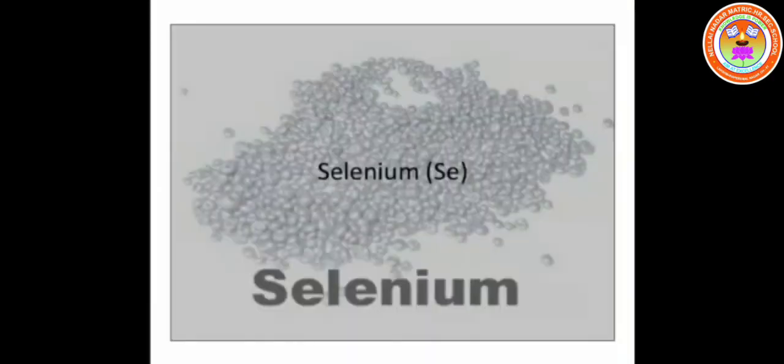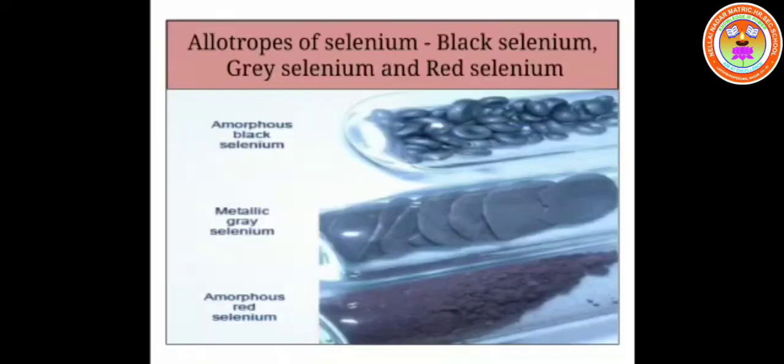Next element is selenium. What is the symbol for selenium, children? Se, selenium. The allotropes of selenium are amorphous black, metallic gray, amorphous red, and monoclinic selenium.